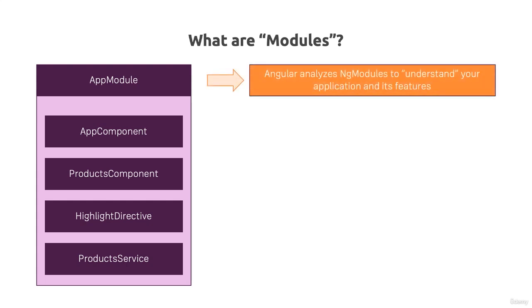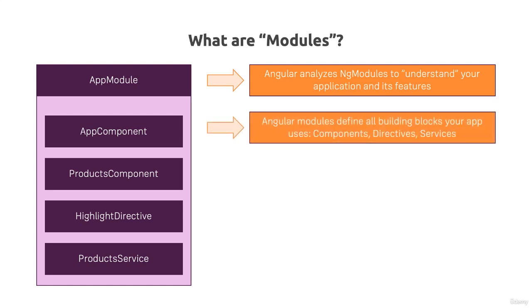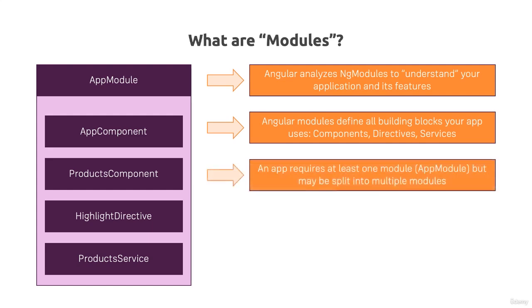So Angular analyzes these ng modules to understand your application and its features. You use them to define all the core building blocks, components, directives, services, pipes, and so on. An app, as I just mentioned, requires at least one such module, the app module, but you may split it into multiple modules, and we will do that in this course section.